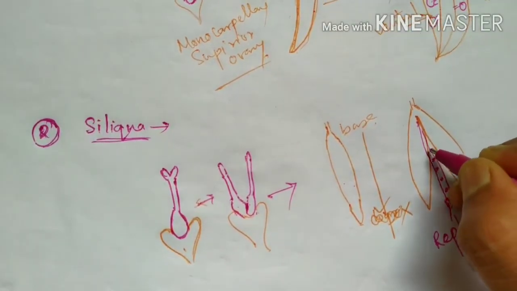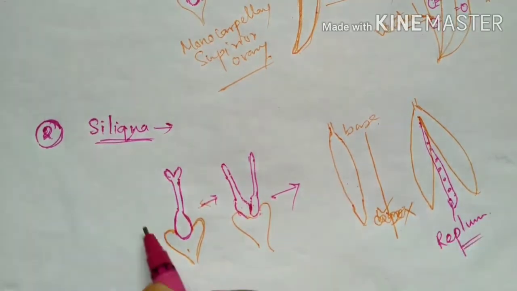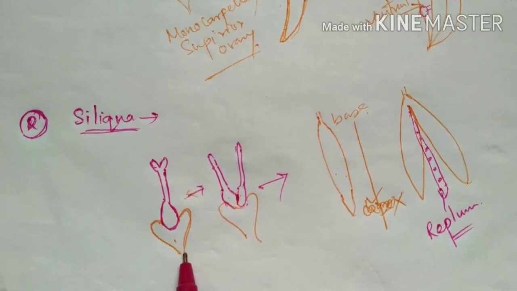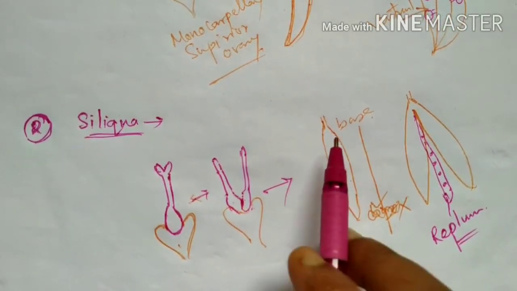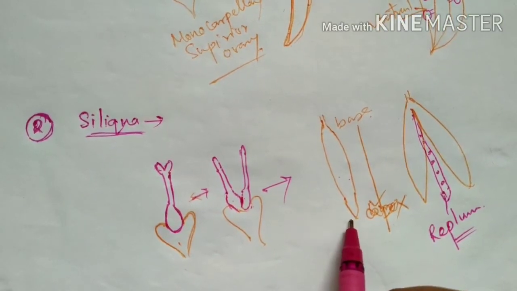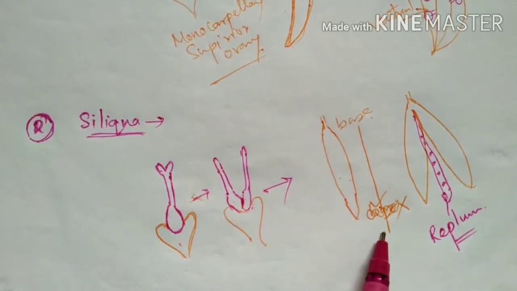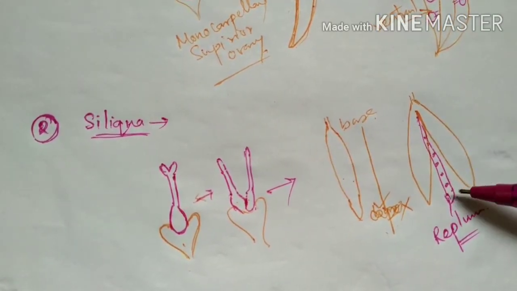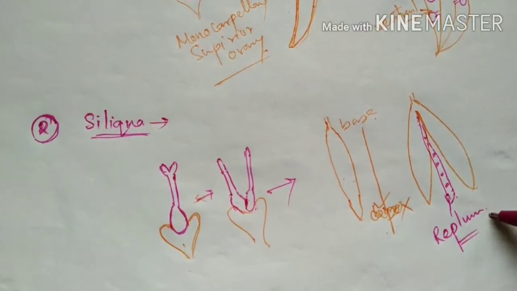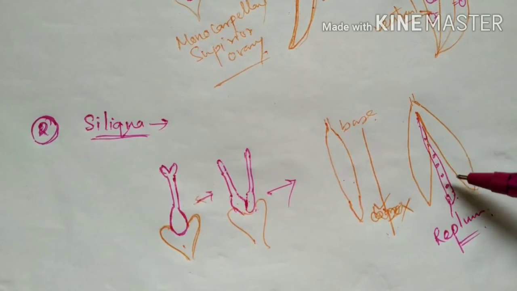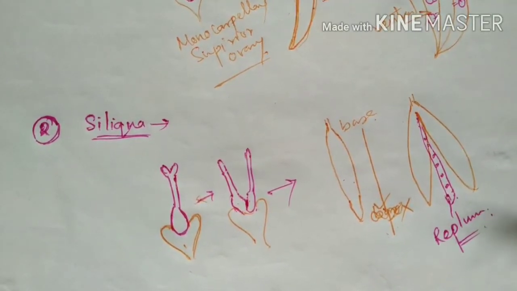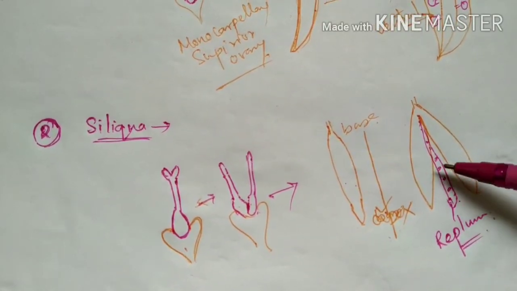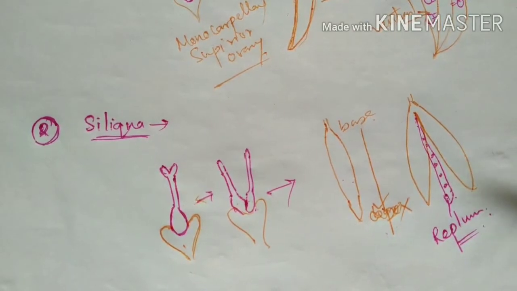So this is a Silicua type fruit, where fruits develop from a bicarpellary superior ovary, dehiscence occurs from base to apex, and mature fruits contain a false septum known as the replum. We know that mustard is a type of Silicua.